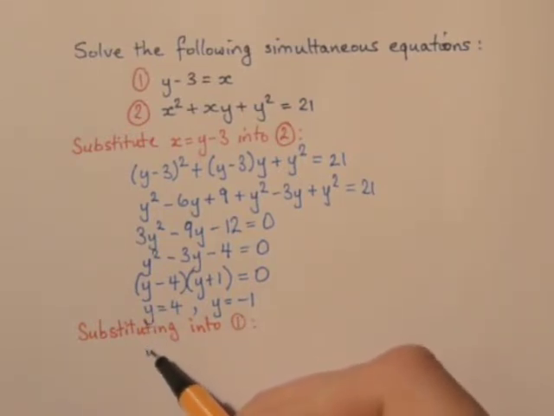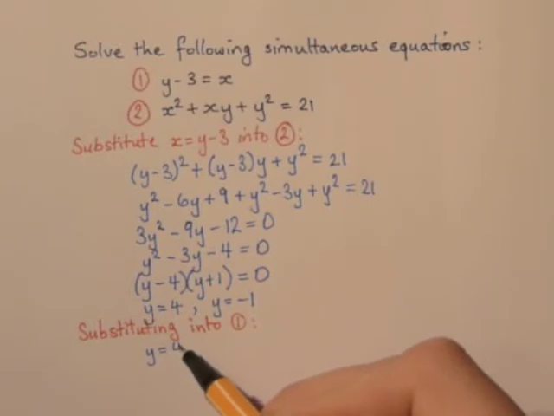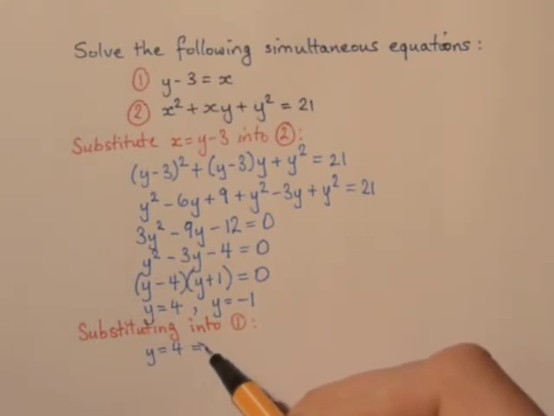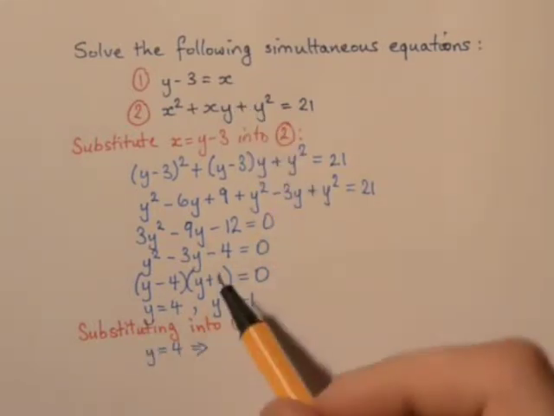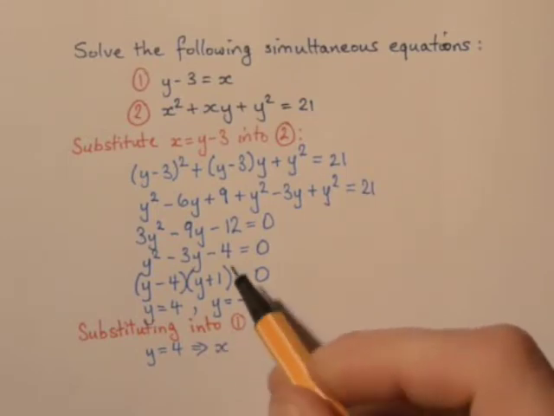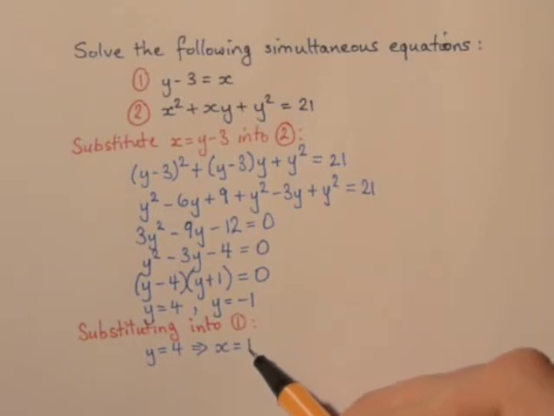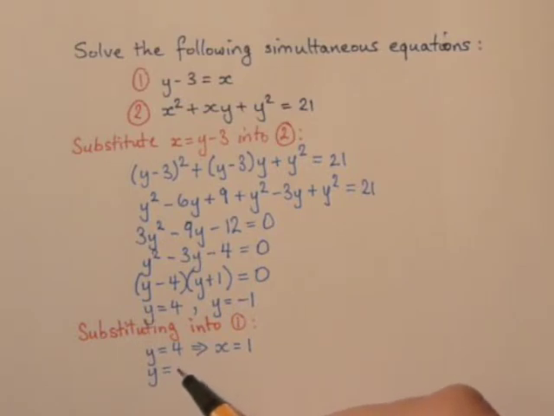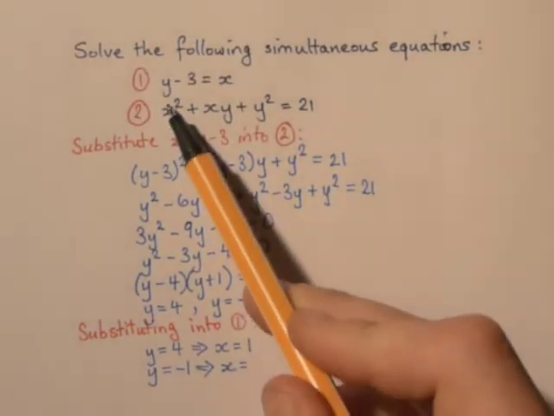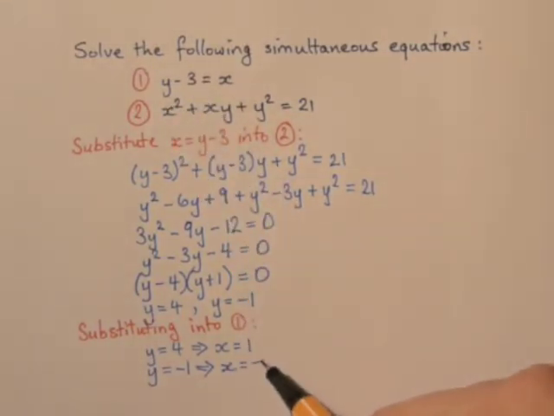So y equals 4 tells me that x is going to be 4 take away 3, which is 1, and y equals minus 1 tells me that x is going to be minus 1, minus 3, which is minus 4.